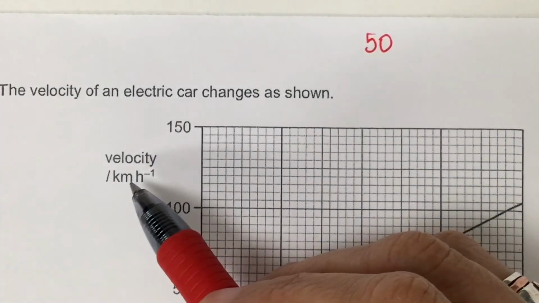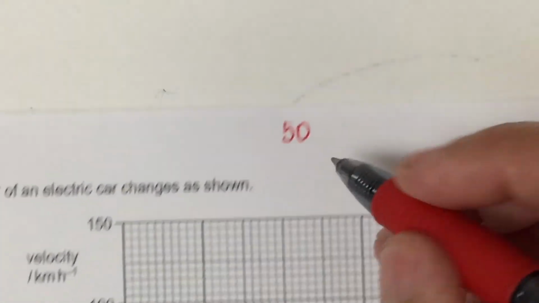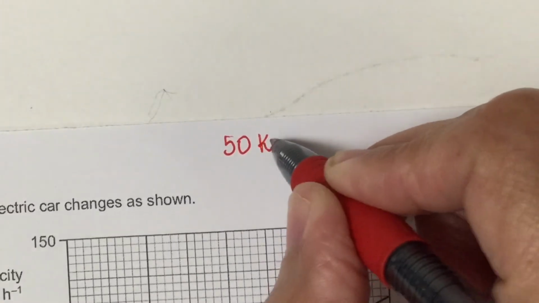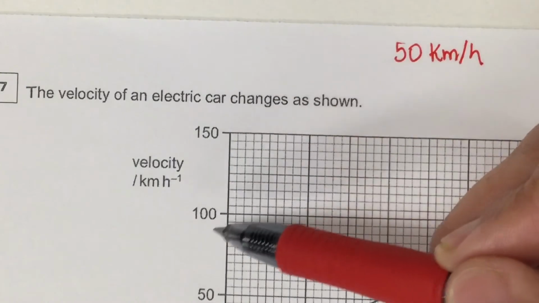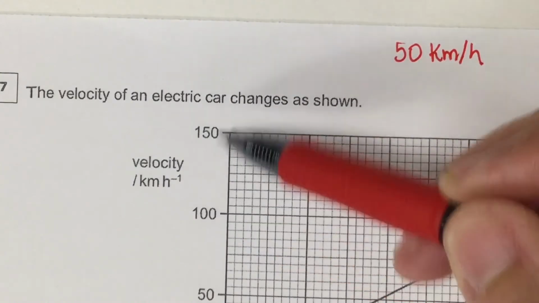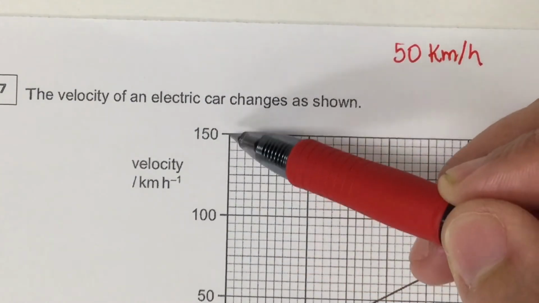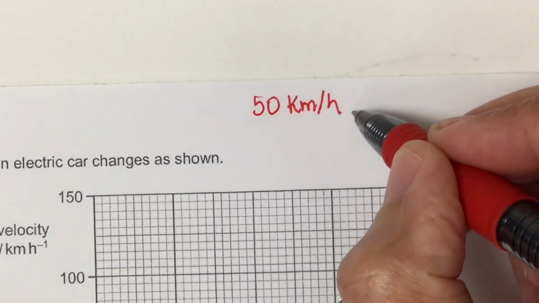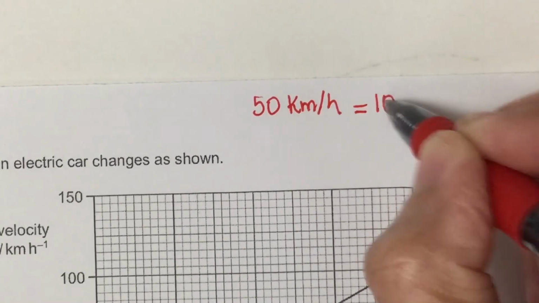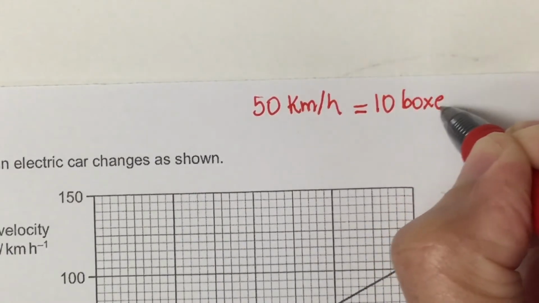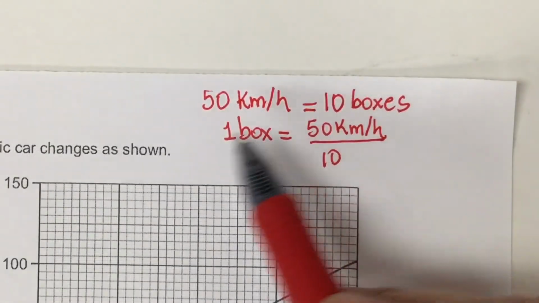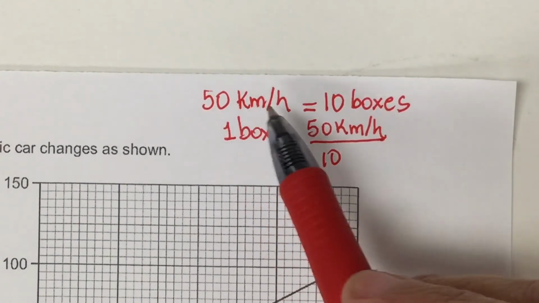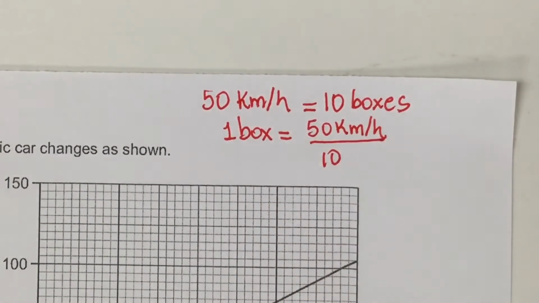And the unit here is kilometers per hour. So 50 kilometers per hour, which is the difference between 150 and 100. I have between them 10 boxes, which means that one box will be 50 kilometers per hour over 10.